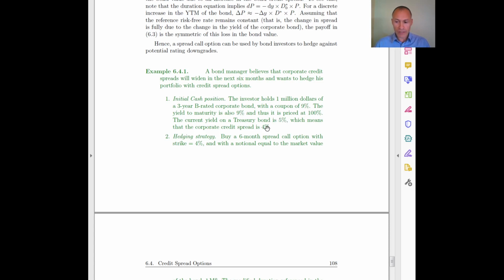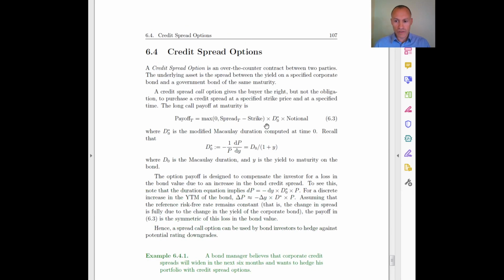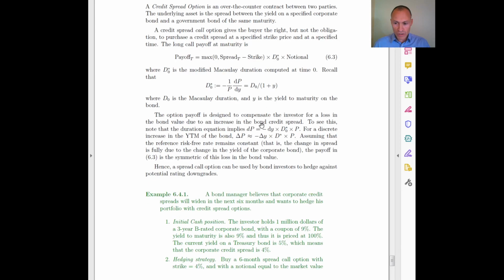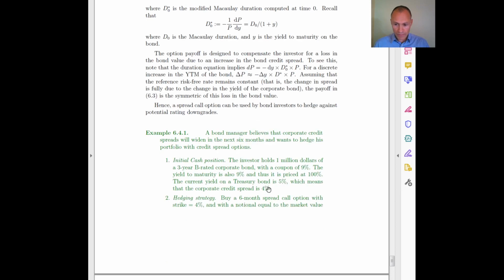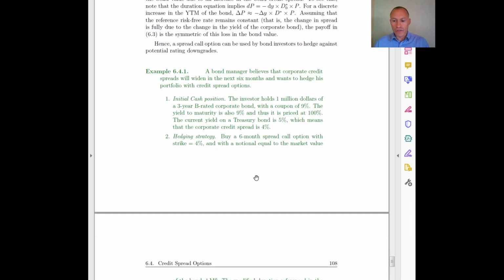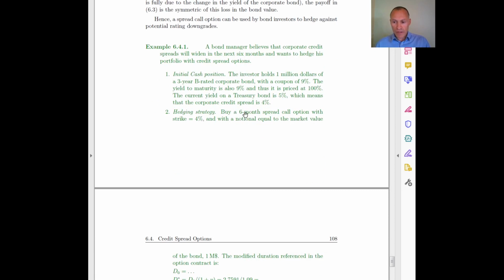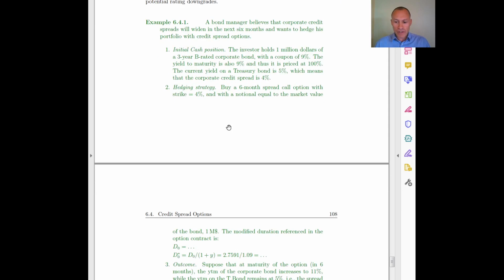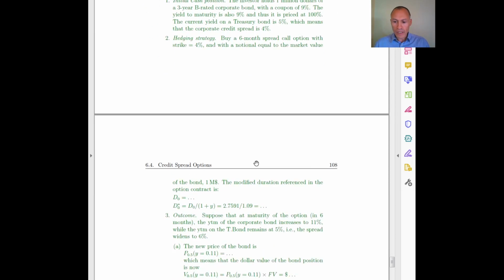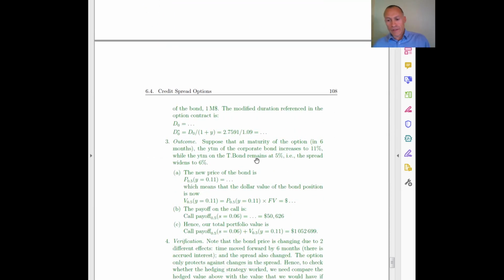Okay, so the credit spread option will be an option on that spread. Okay. So the hedging strategy, we're going to buy a 6-month call option with a strike equal to that 4%, and with a notional equal to the market value of the bond, which is this $1 million that we have. Okay, so we can compute this duration of the bond at the beginning of the contract.